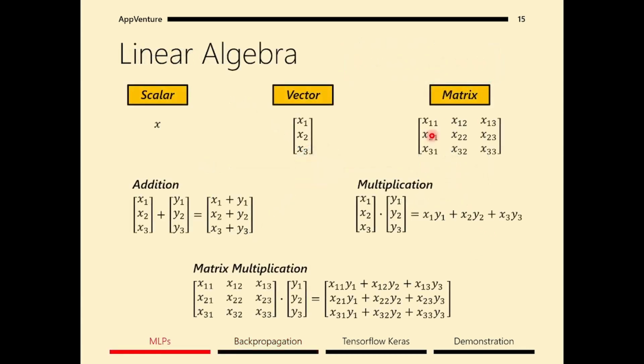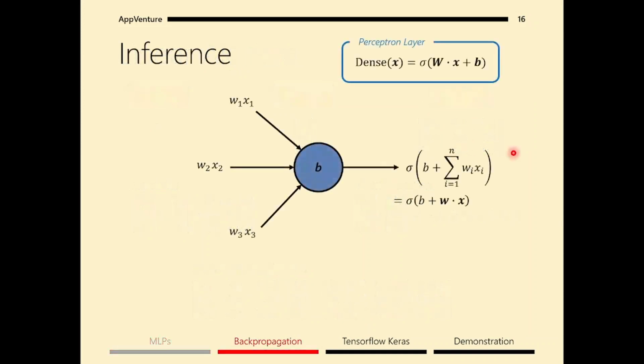Because if you remember, a matrix is just a list of vectors. This is one vector, this is another vector, this is a third. So after you stack all of these operations together, you get this expression for the perceptron layer.